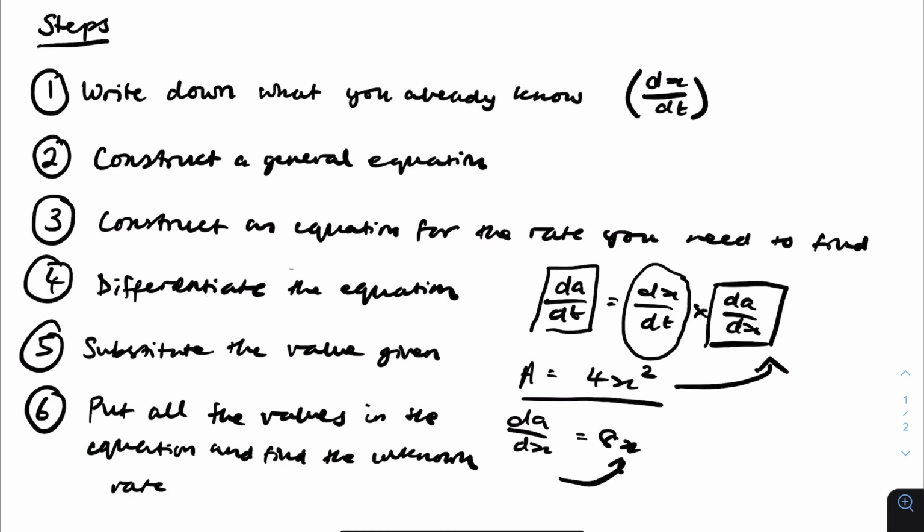Finally, step 7, write the correct units. So it's always going to be per second. But like in the last problem, you could have volume, you could have surface area, you could just have, I don't know, height.